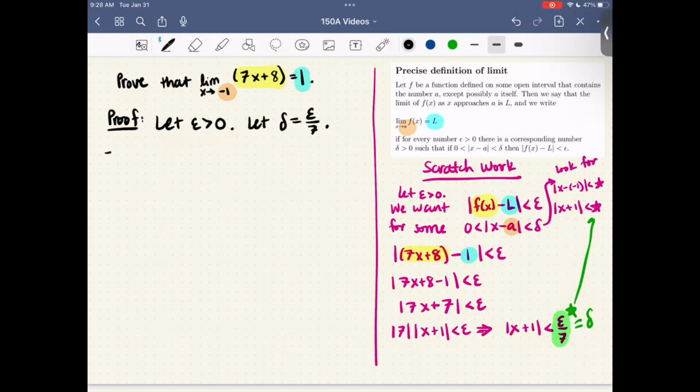Then for the x values that satisfy this inequality, 0 less than |x + 1| less than delta, which in our case, delta is epsilon over 7, we have the absolute value of 7x plus 8 minus L, which in this case is 1.